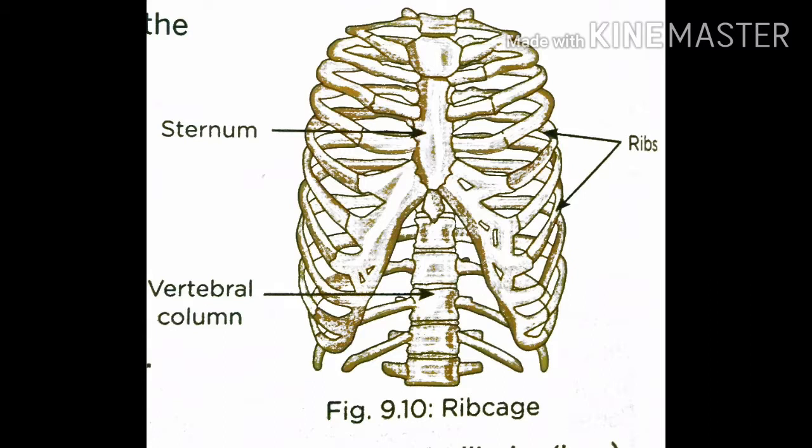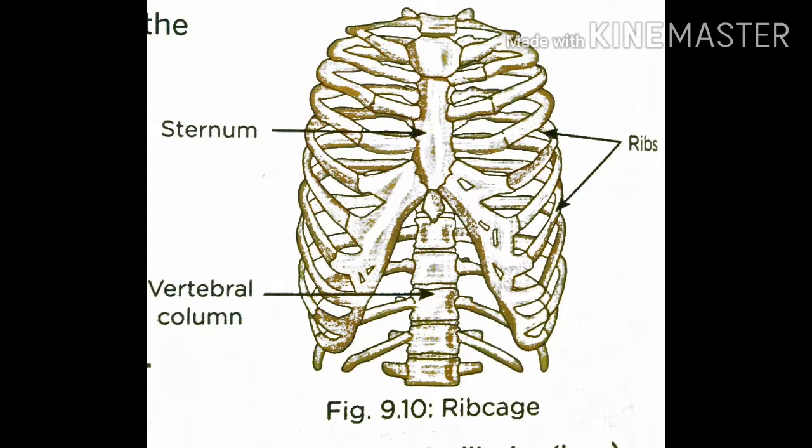It is made up of 12 pairs of thin, flat and curved bones.